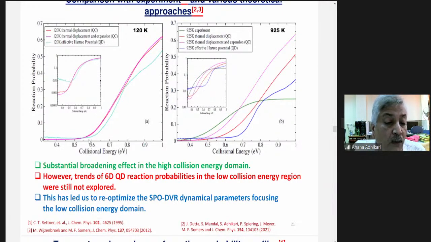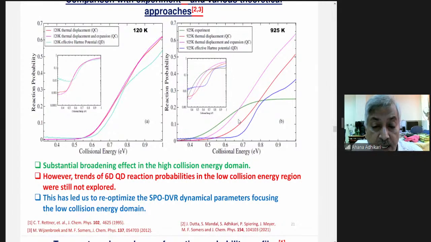In fact, in our case we have a higher broadening. This is the other theoretical approach, and our theoretical approach curve is the Sion curve, and that curve shows sufficiently broadened.